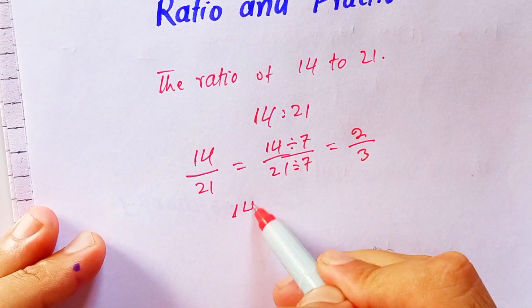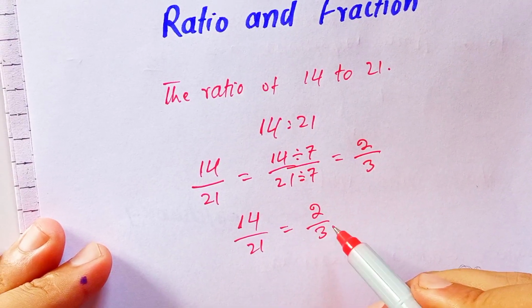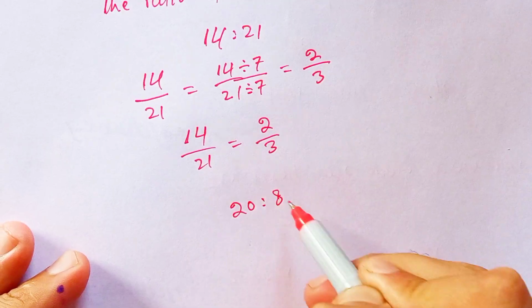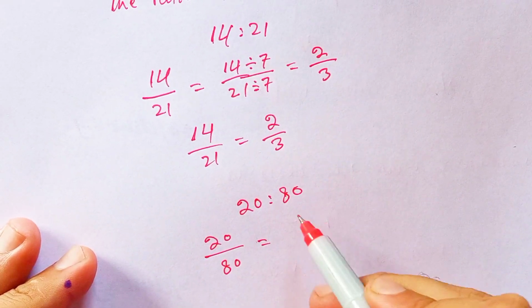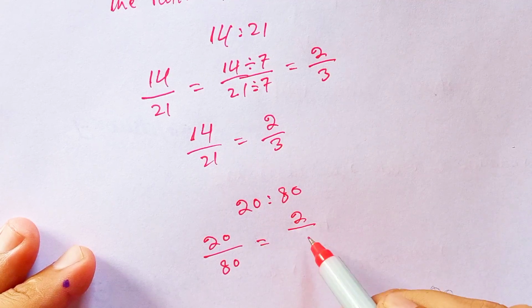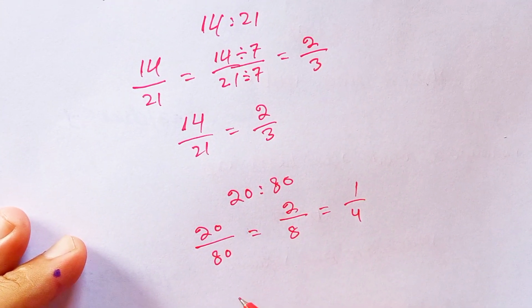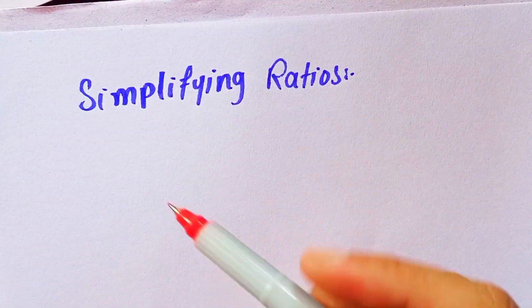So 14/21 is equal to 2/3. Ratio of 20 to 80 can be written as 20/80, which is equal to 2/8 or 1/4. So in this way we can write the ratio as fractions.